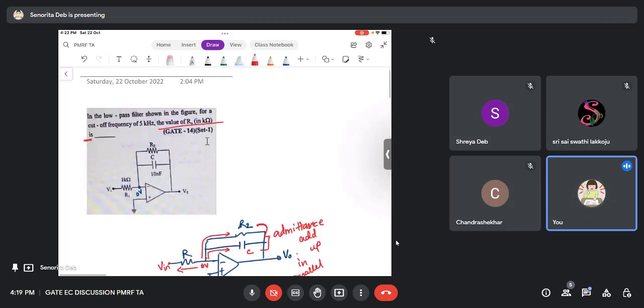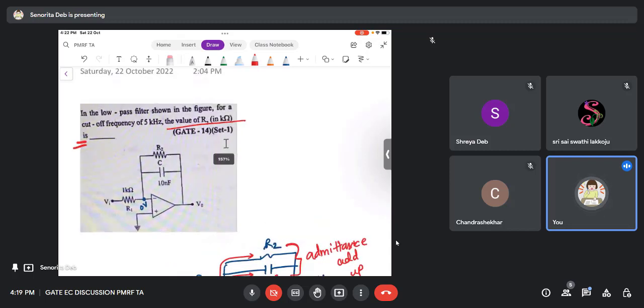So in numerical answer type questions, be very careful about the units. You should see the unit and then put in the answer. Always remember, whatever you are asked for, look into the unit and then answer it. Otherwise it will be wrong, even if you have solved it correctly.